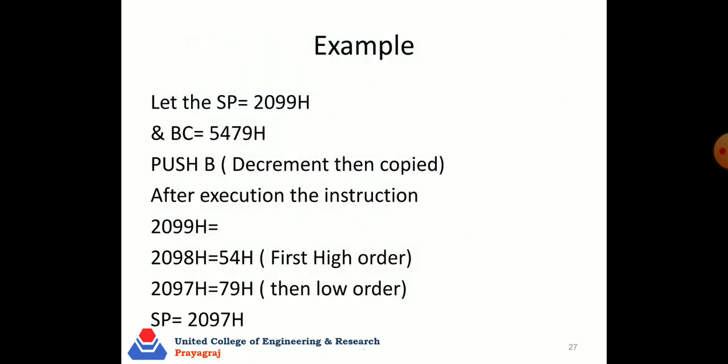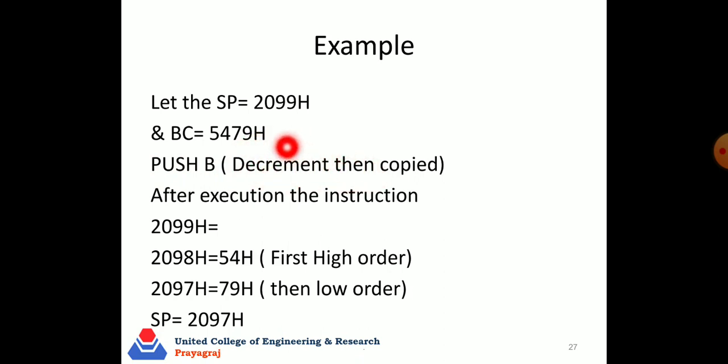Let's take an example. Let's suppose we have a stack pointer whose location is 2099 and there is a register BC whose value is 54 in B and 79 in C. Let's suppose we are using push B. Very important thing, when we are using push, it is decrement then copy.